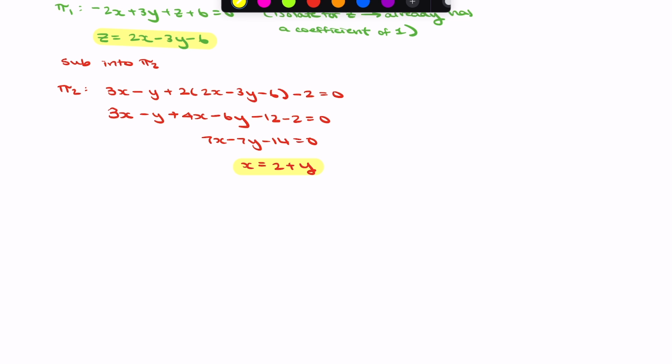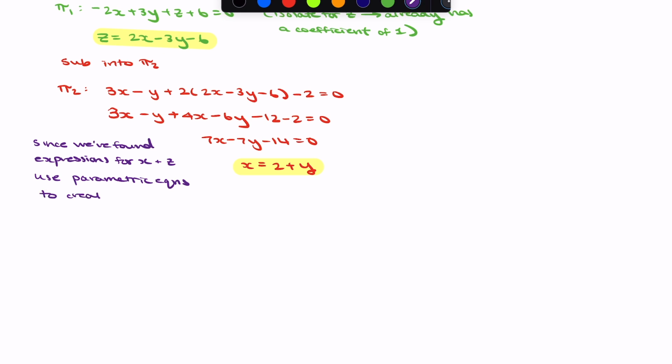And so here, since we found expressions for x and z, we will again use parametric equations to create the line. Okay, and then we'll also create our parameters here.